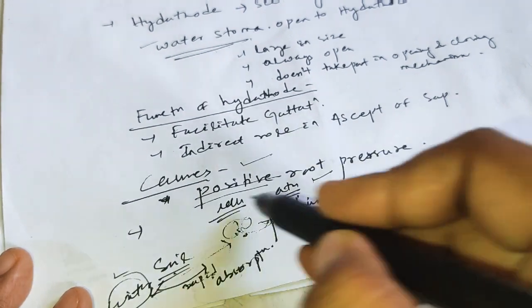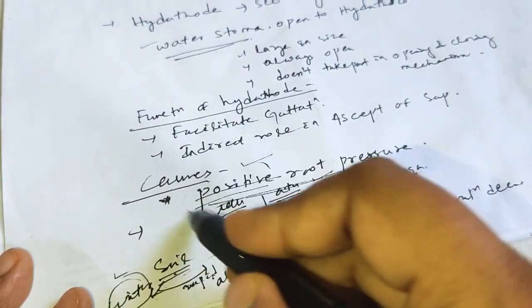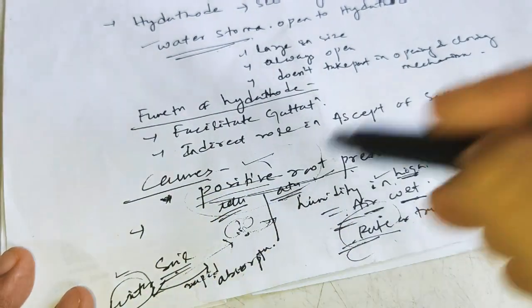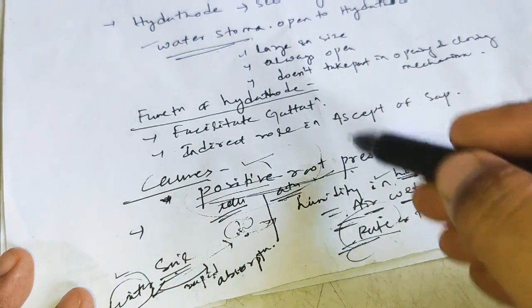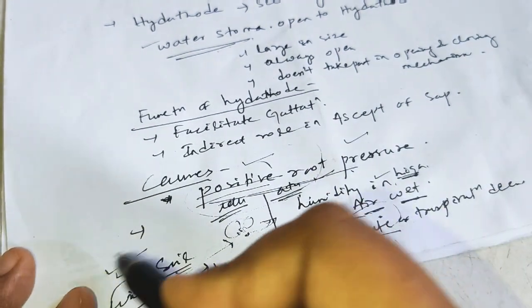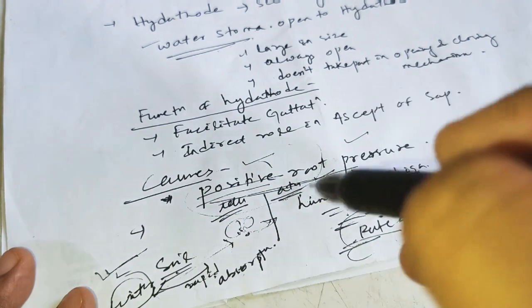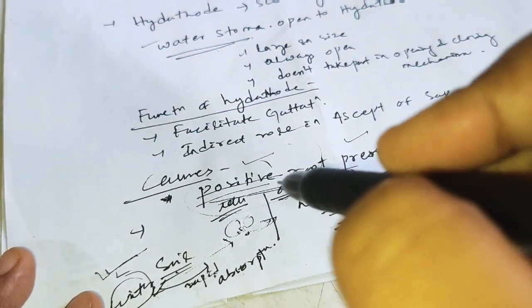It creates a pressure. Okay, a positive root pressure, and the root pressure mainly occurs because of the active absorption of water inside the soil.